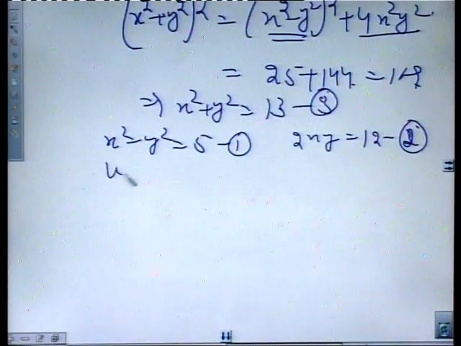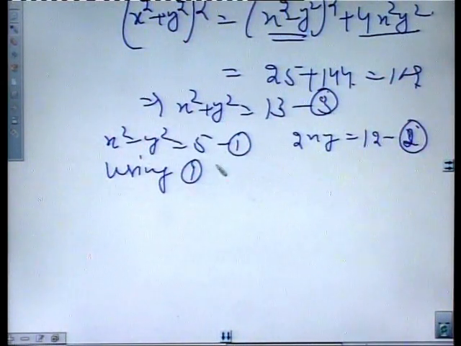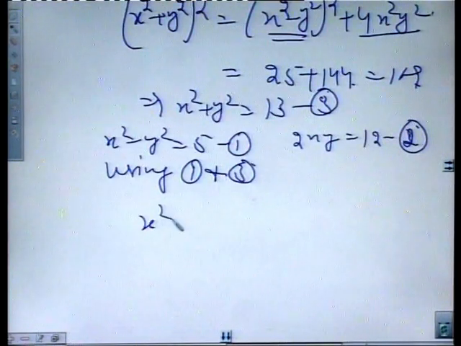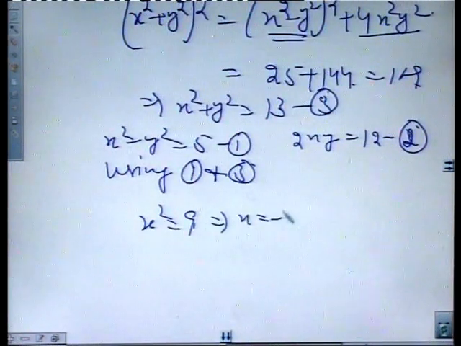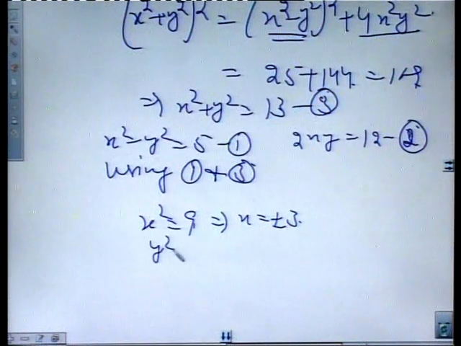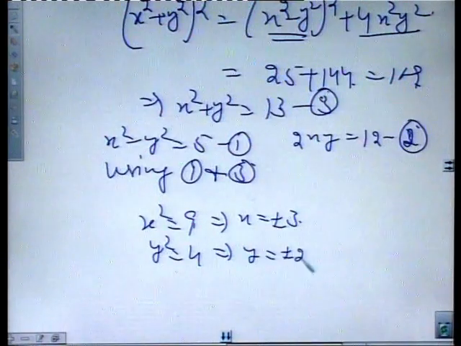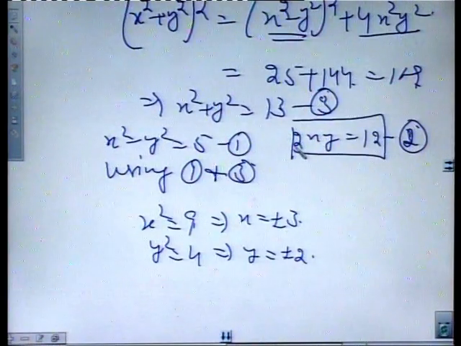Now using 1 and 3, we get x square is equal to 9 and x is equal to plus minus 3, and y square is equal to 4 and y is equal to plus minus 2. As you see, 2xy is equal to 12. Product xy is 12, which is greater than 0.